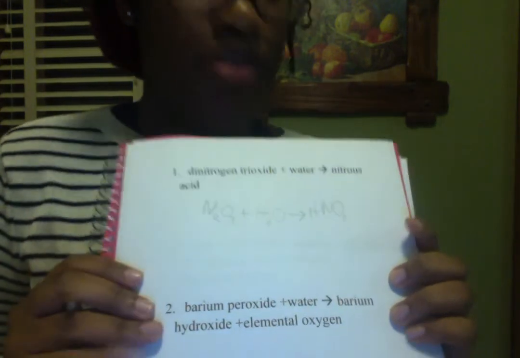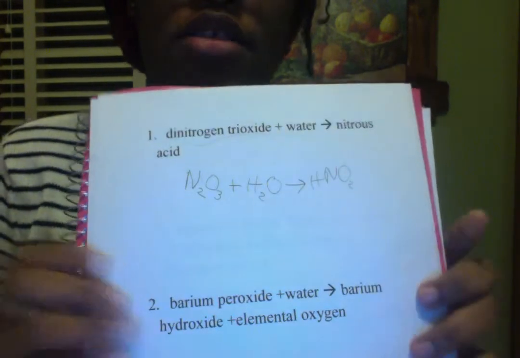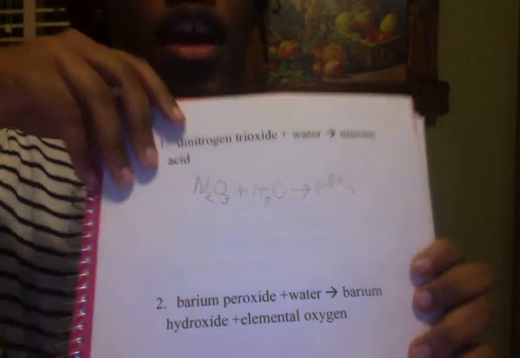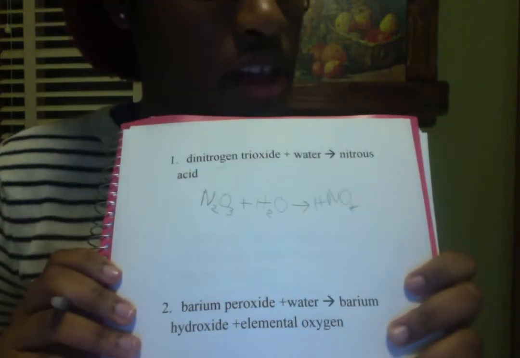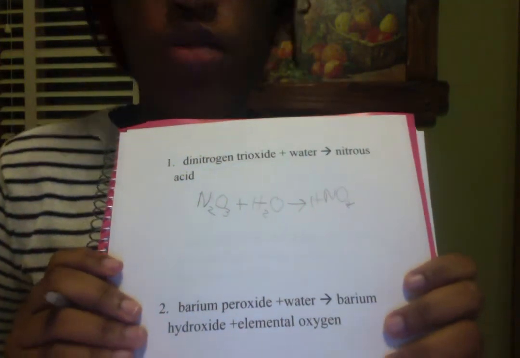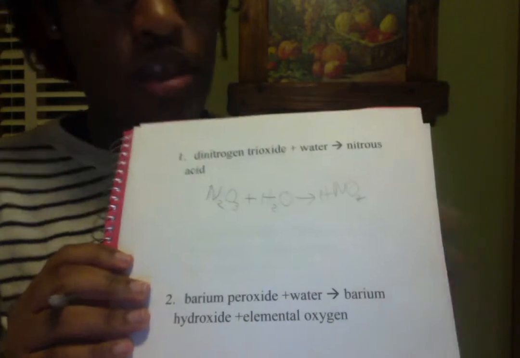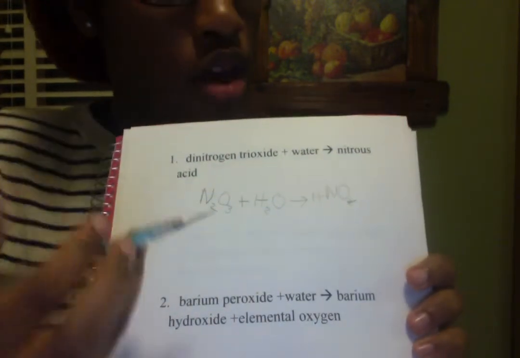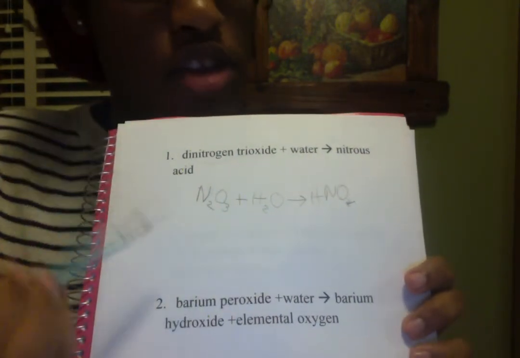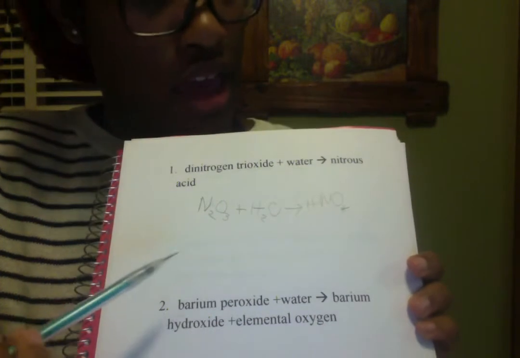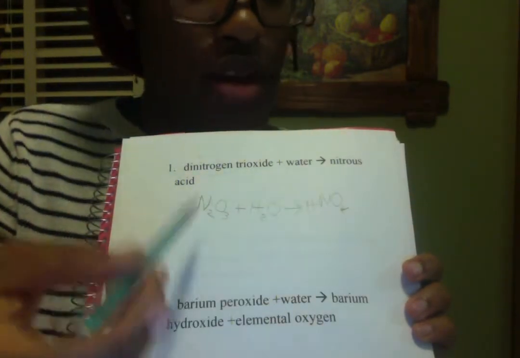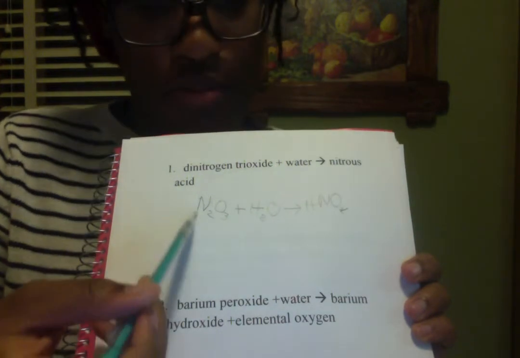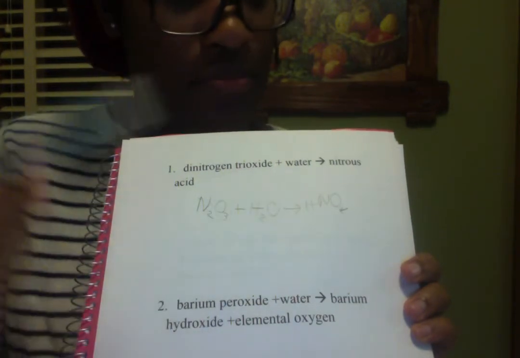Okay, so now you have your unbalanced molecular equation. So now you have to balance the equation. First you take note of how many of each atom there are on the reactant side and how many are on the product side, and you want the number of atoms in the reactants and the products to be the same.